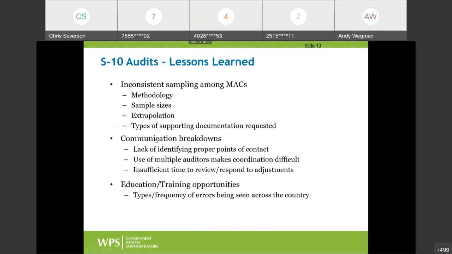Communication breakdowns, that's another thing there's always a concern about. We think it's gotten better. We have a listing where, as soon as the auditor is assigned to you, they make sure as part of the entrance conference that they have the proper points of contact, and then we log it. We have that log, and that's what we go off of for the next year's letters.